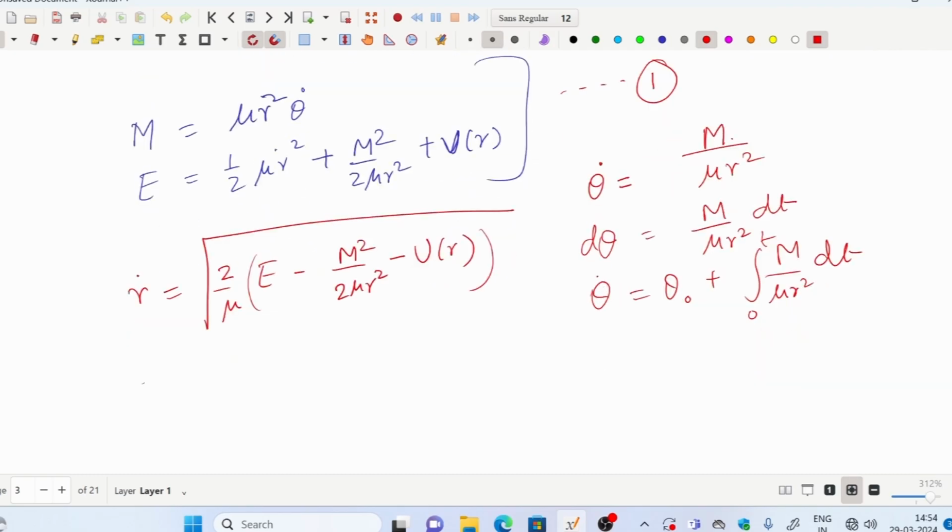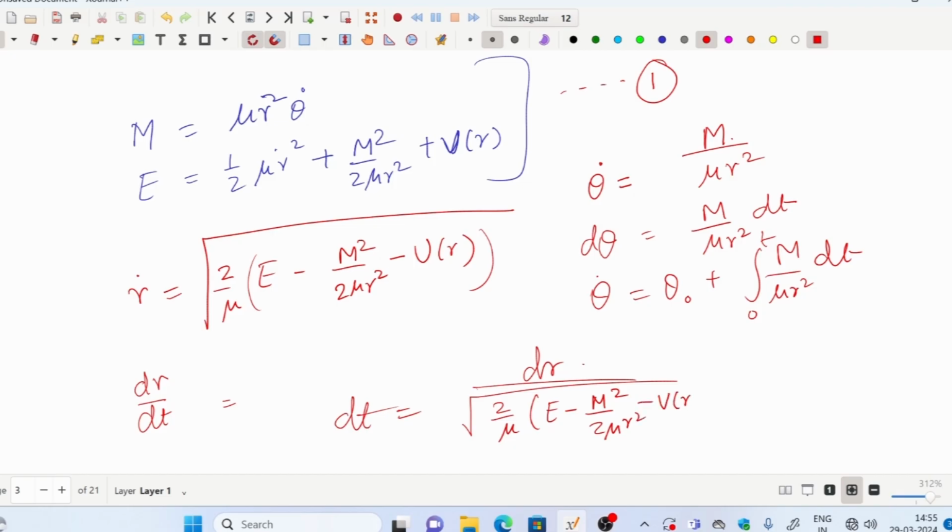So r dot is dr by dt, so dt equals dr divided by the square root of 2 by mu times E minus m square over 2 mu r square minus U of r.